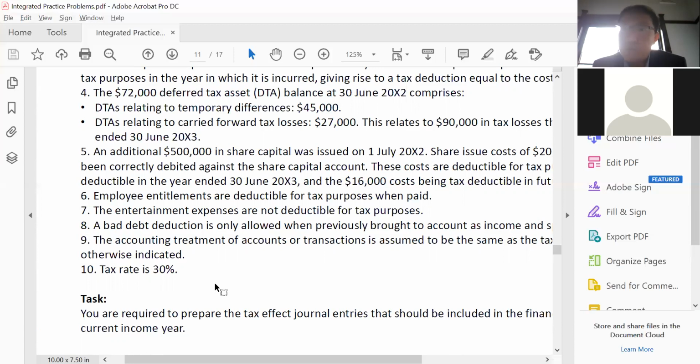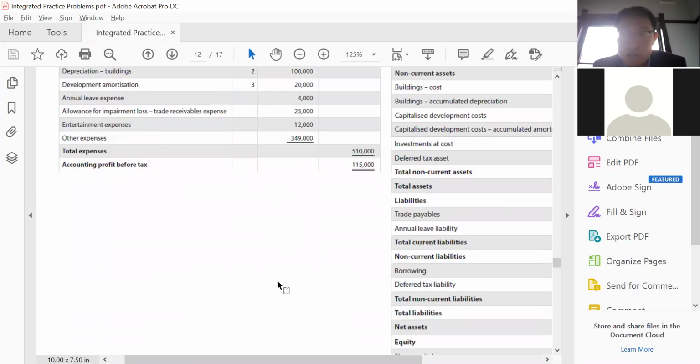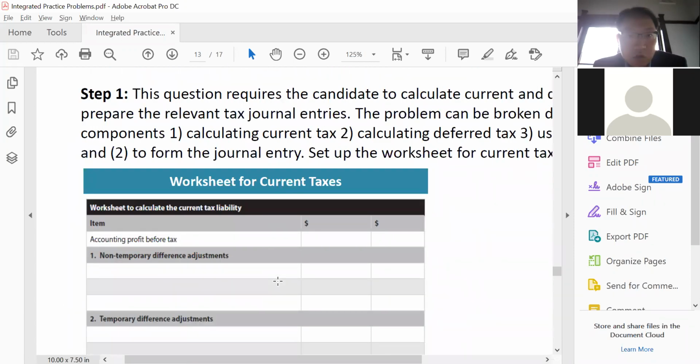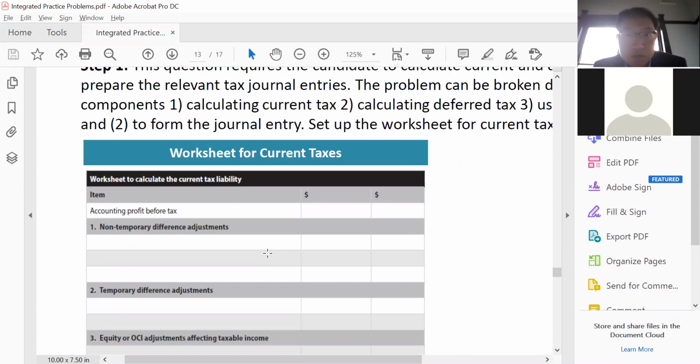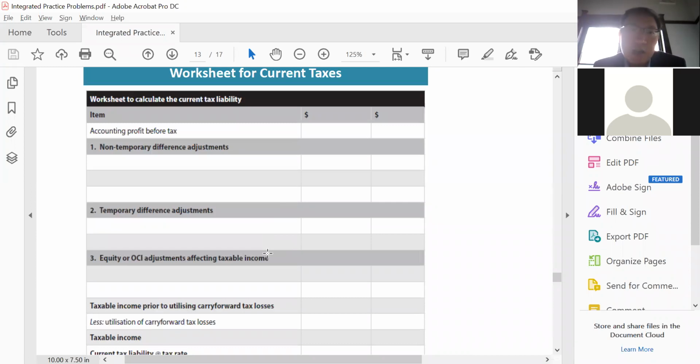So our approach for this question is going to be quite logical in the sense that we need to calculate first the current taxes and then go on to the deferred taxes. So let us begin this wonderful journey of calculating our income tax expense. So income tax expenses, especially for current tax, there was a very nice worksheet which we mentioned last week.